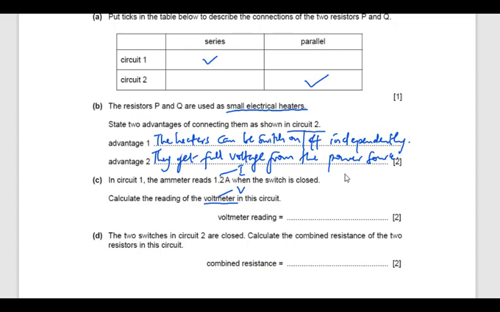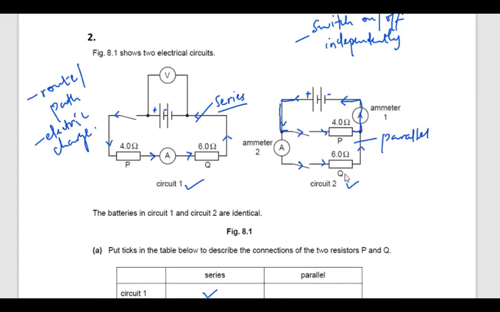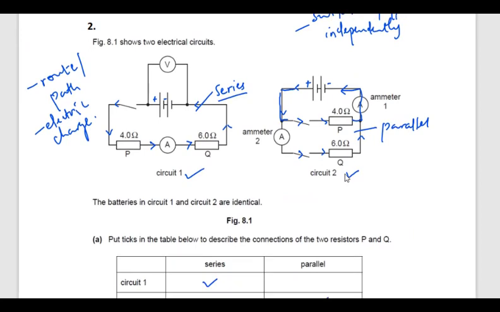Okay, let's go back to that circuit 1. Now, this is the ammeter and we are told that it reads 1.2 amps. We are asked to calculate the reading here. Remember again that this is a series circuit.